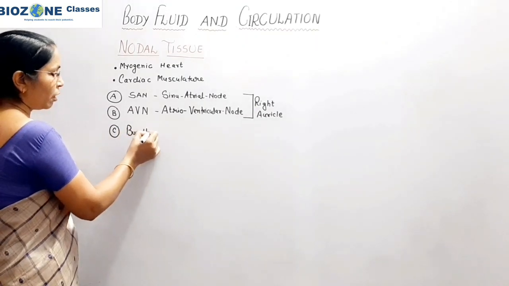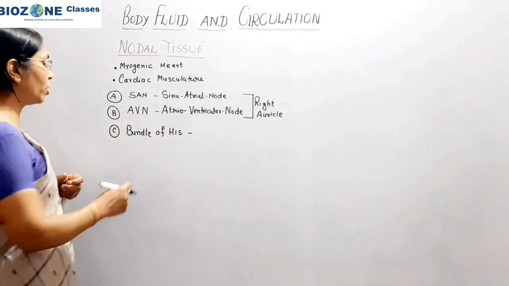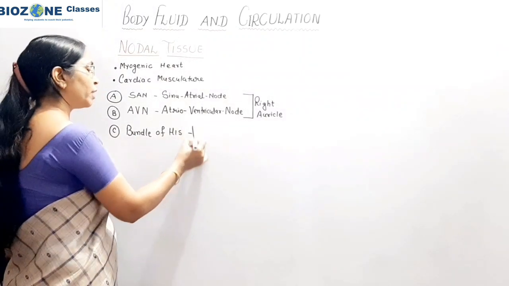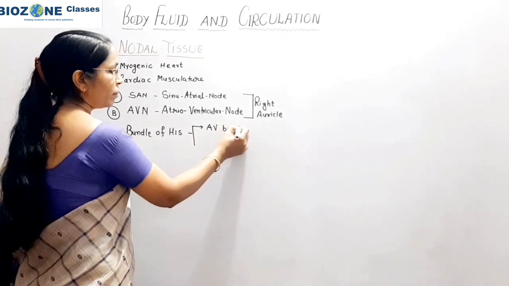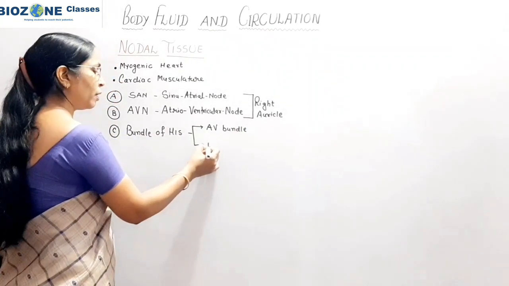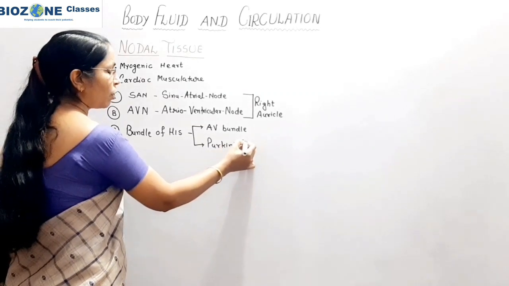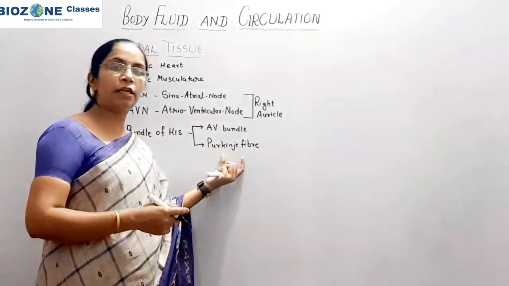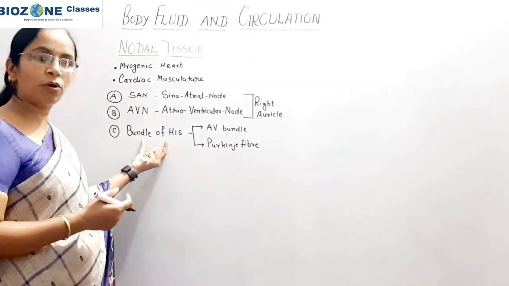So remember, the bundle of His is the third kind of nodal tissue, which is predominantly present in the ventricle, and this bundle of His is made up of the AV bundle, that is the left AV bundle and right AV bundle, as well as Purkinje fibers. The left and right AV bundles as well as Purkinje fibers are present in the musculature of the wall of the ventricle and are responsible for the formation of the bundle of His.